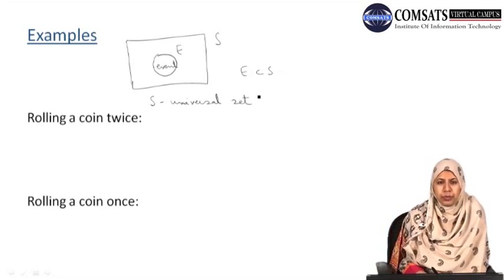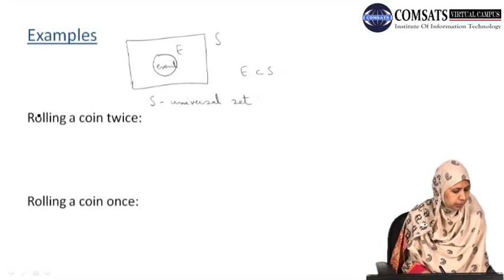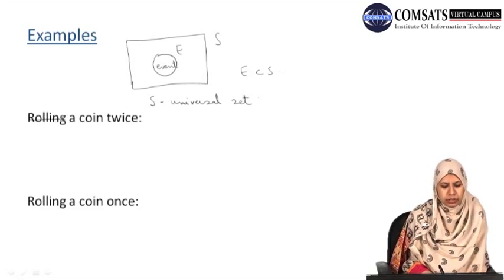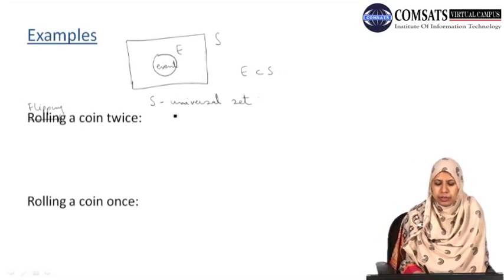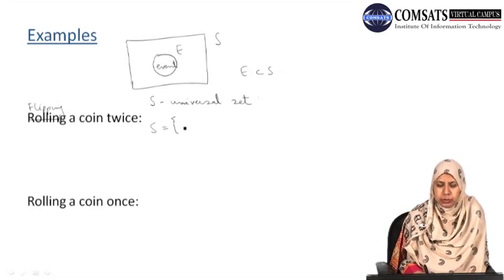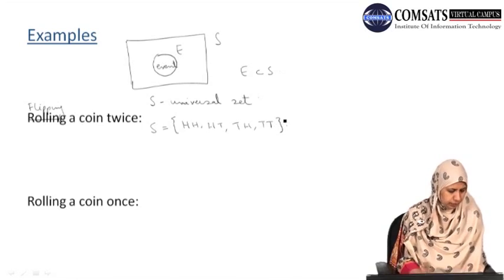So what will be the events in considering the example of flipping a coin twice? Our set of possible outcomes of our sample space in this example was head head, head tail, tail head, and tail tail.